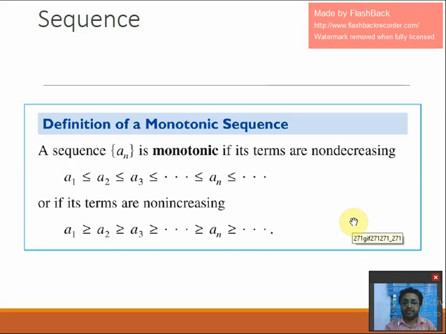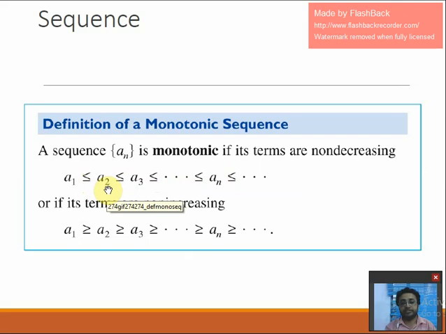So, a sequence is called a monotonically increasing sequence if all the terms are always in increasing order. That means A1 is less than or equal to A2, less than or equal to A3, less than or equal to A4, and so on. We must have AN plus 1 greater than or equal to AN.